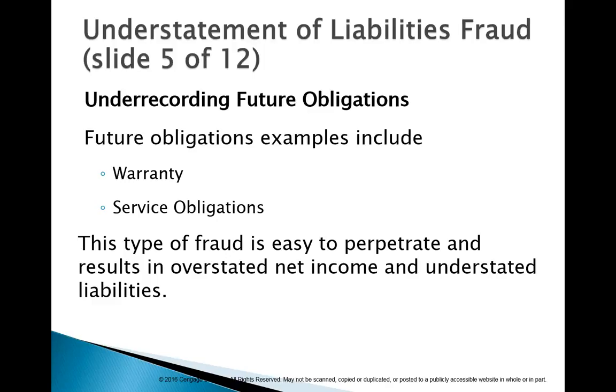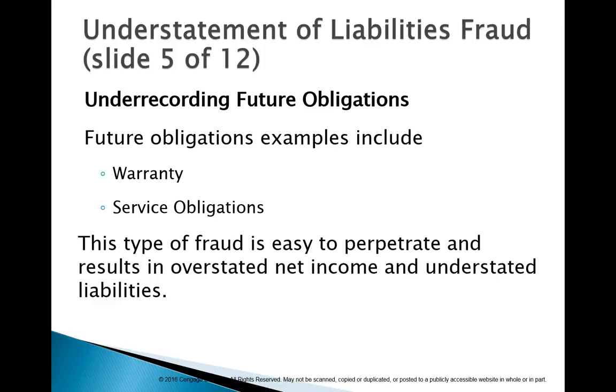So we set up a warranty reserve and debit warranty expense at one time. If we fail to do that, right, then we've obviously understated our warranty expense, and we've understated the liability related to that. And so it could be a warranty, it could be other service obligation by which we've obligated ourselves. And so we need to set up a reserve for future expenses and then record the expense now, or future obligations and record the expense now.